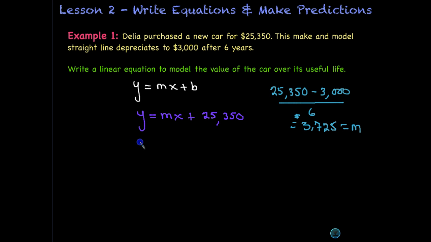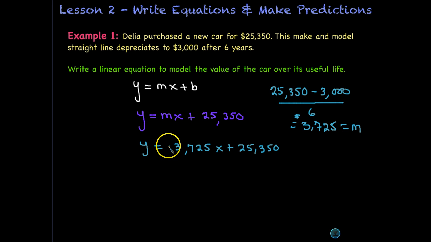Okay, now when we fill it in for M, do we write it like this? 3,725x plus 25,350. Do I write it like that? Think about what would happen if I wrote it like this. If we had 1 year, I would multiply 3,725 times 1 and then add it to 25,350. Do I want to add depreciation or subtract?